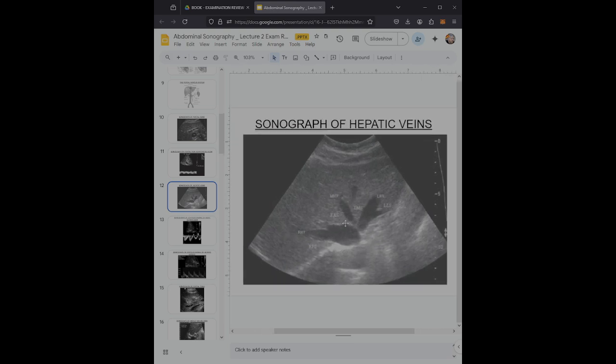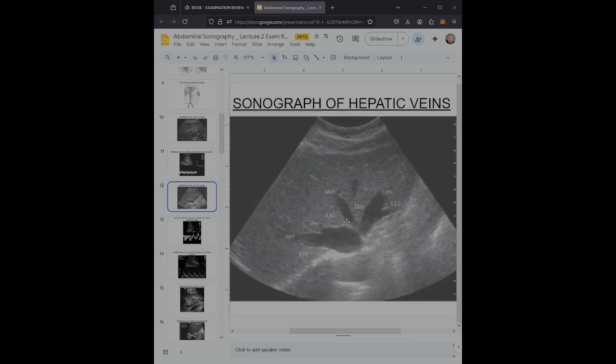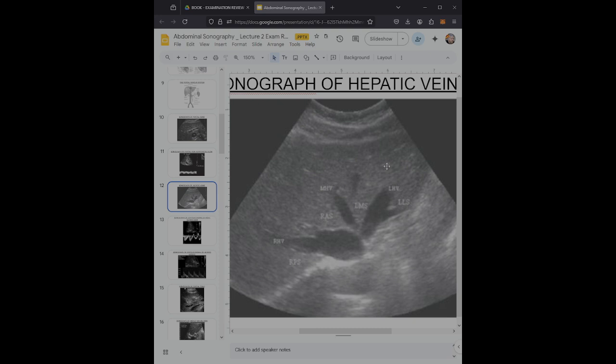But here we have the left hepatic vein. We have the middle hepatic vein over there. It's very important to identify the middle hepatic vein. And then you can identify the left hepatic vein and the right hepatic vein, and they're noted in this image.